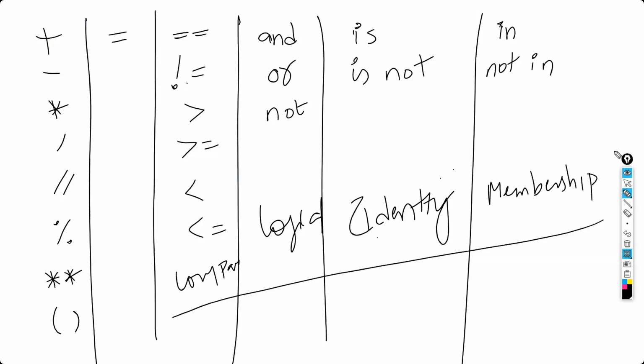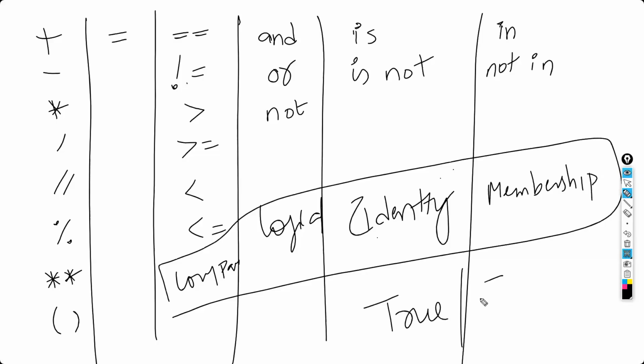These four operators, comparison, logical, identity, and membership, all of them are giving the output as either true or false. All these four will give you either true or false.